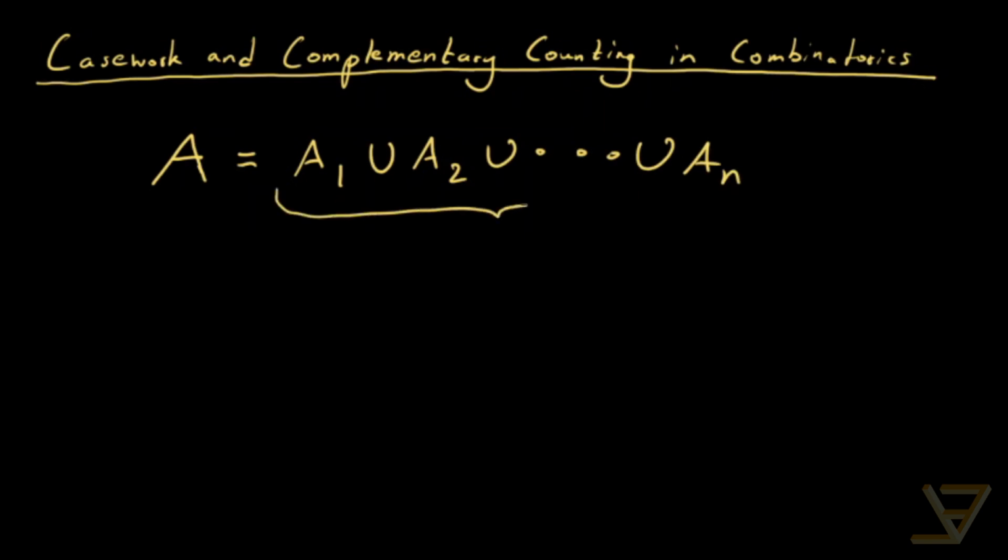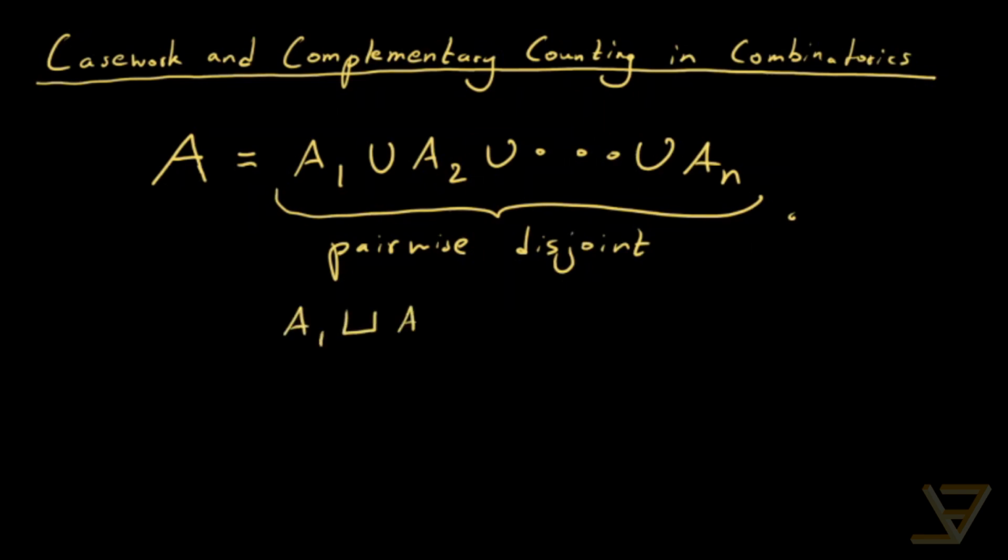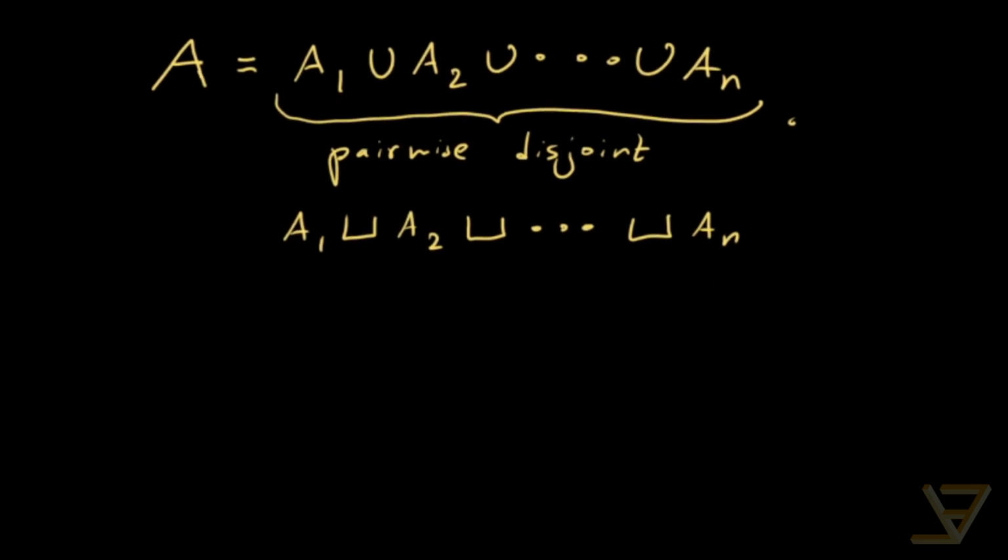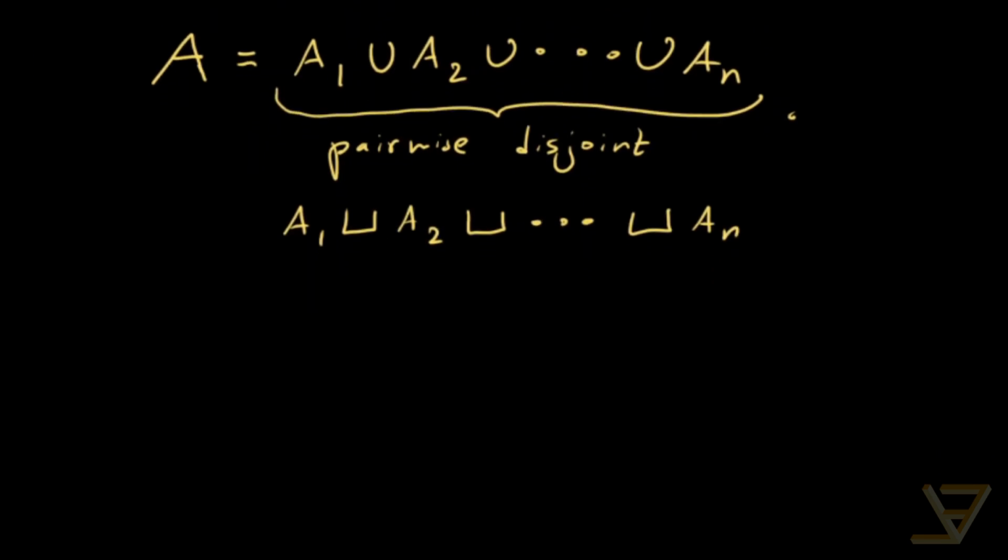And what we have is that these sets are pairwise disjoint. So it's really a disjoint union. We can write it like A1 disjoint union A2 disjoint union all the way through to disjoint union AN. And what we're looking for is the cardinality of A.